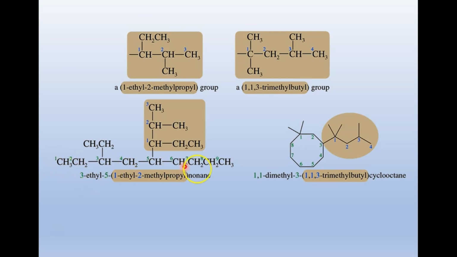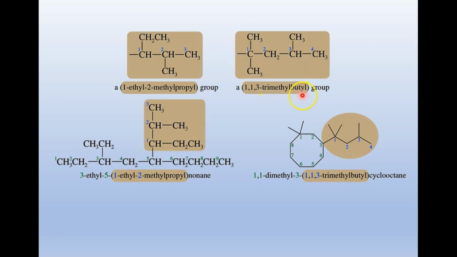So the first thing you're going to do is find the longest chain and number it in the direction that gives you the first substituent the lower number. Here is an ethyl group, and here's this mess we couldn't name otherwise. So this becomes 3-ethyl-5-(1-ethyl-2-methylpropyl), and so on. All right, so here's this mess.